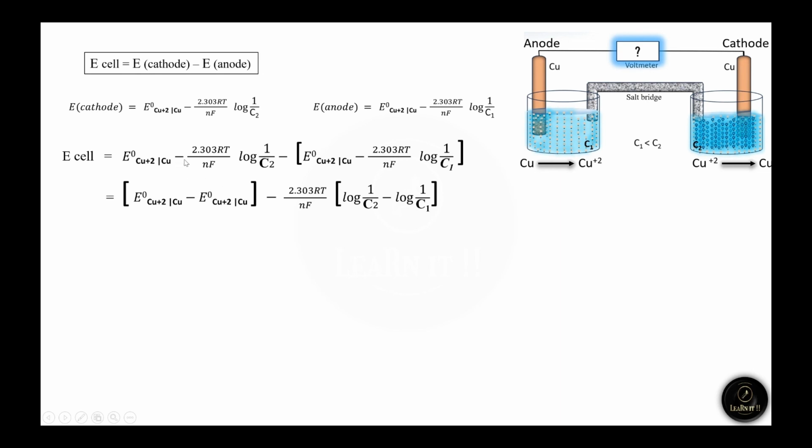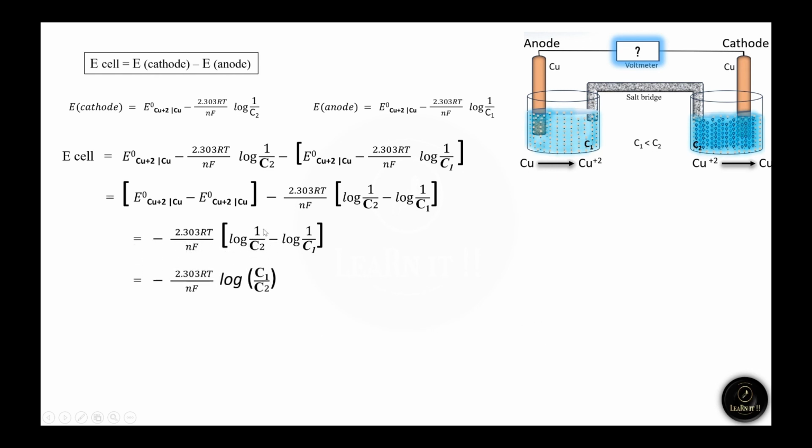But here, the minus of 2.303 RT divided by NF into bracket, log of 1 by C2 minus log of 1 by C1, because we have taken the minus outside. E naught of Cu plus 2 gets cancelled. So minus 2.303 RT divided by NF into bracket log of 1 by C2 minus log of 1 by C1.